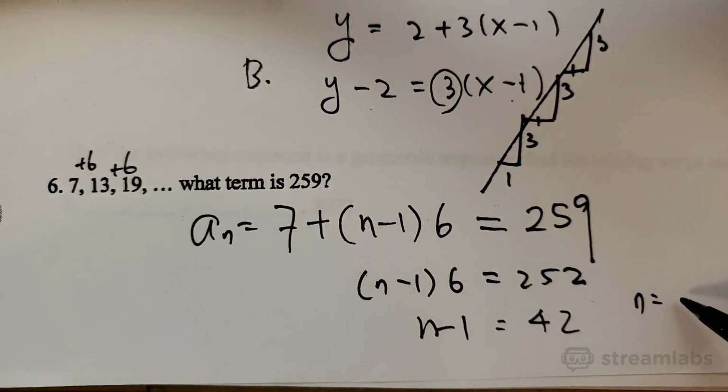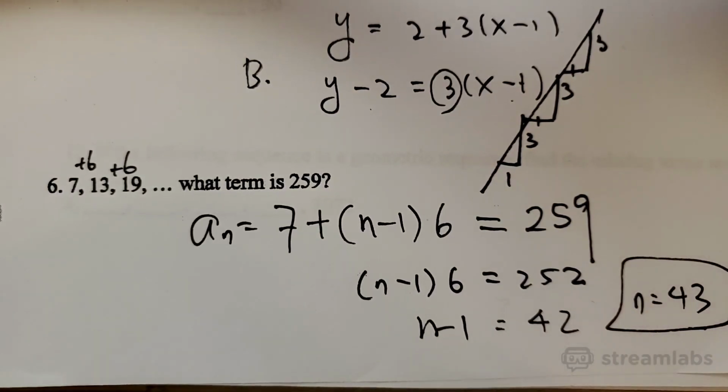Right, so n is then 43. So we're looking at the 43rd term for that. Does that make sense?